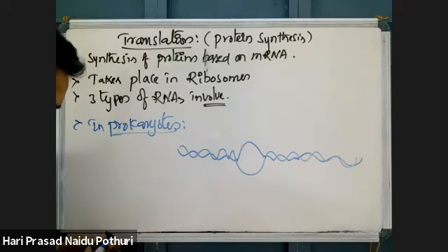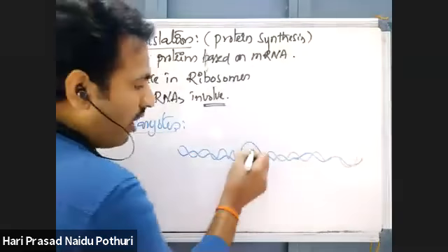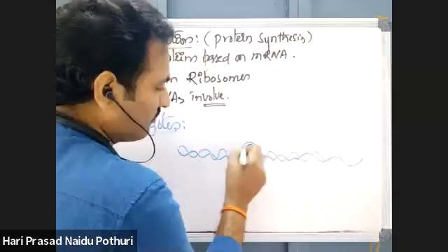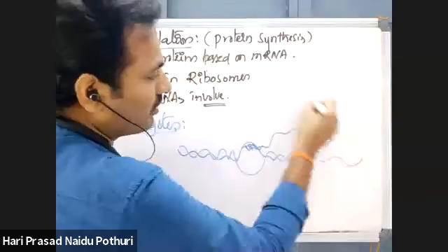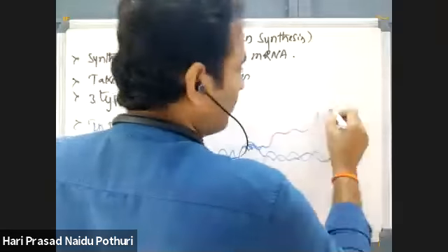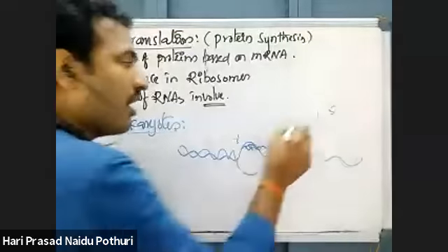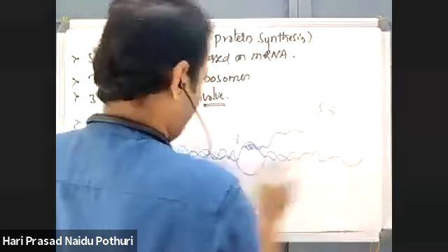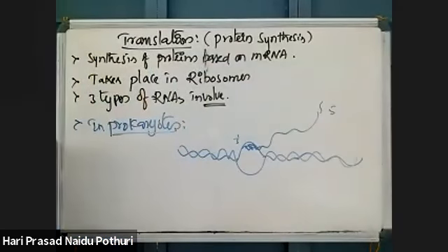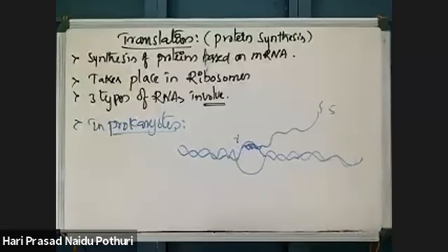So as the nucleoid is there, an RNA molecule is synthesizing here in the 5' to 3' direction. What is the direction of RNA synthesis in prokaryotes? Synthesis of RNA in prokaryotes is 5' to 3'.